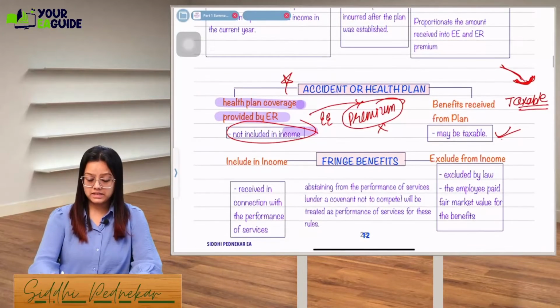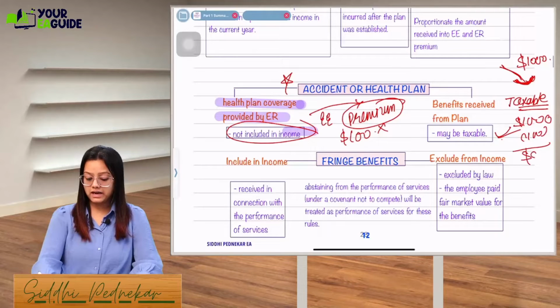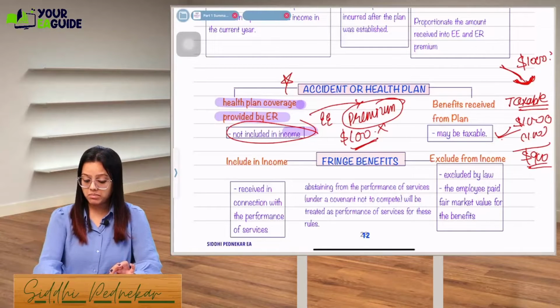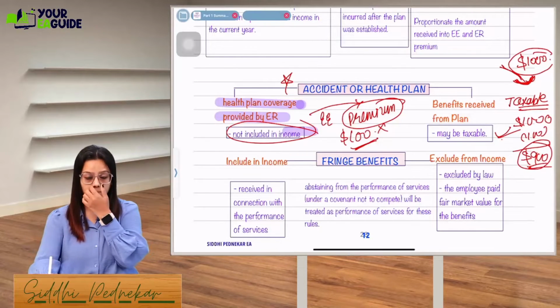Let's say the premium was $100, but he received a benefit of $1,000. So 1000 minus 100, the 900 is the extra benefit which he is receiving. 100 was the premium, that is the cost. This is the amount he receives from the insurance company. So whatever remaining extra benefit he receives will be taxable.